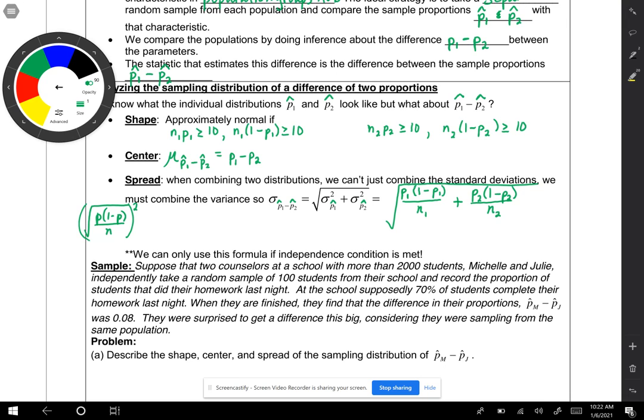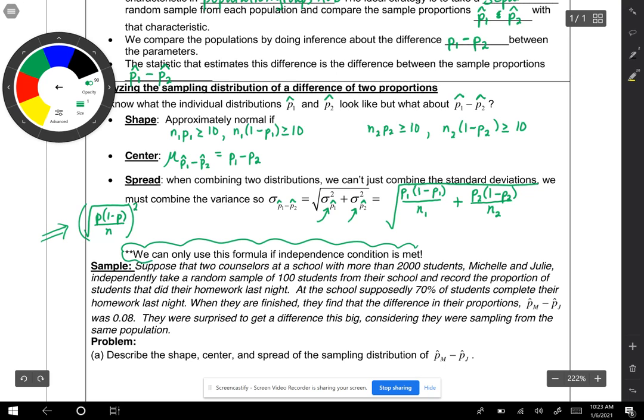And so that gets rid of that radical because this right here is when the standard deviation has been squared. So that is your formula. And we can only use that formula if that 10% independence condition is met.